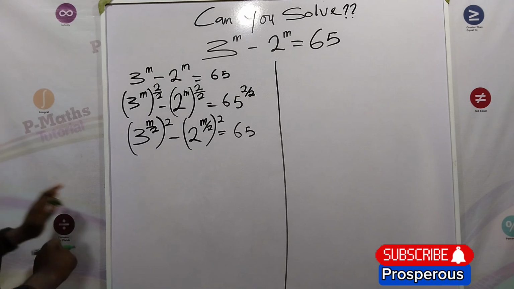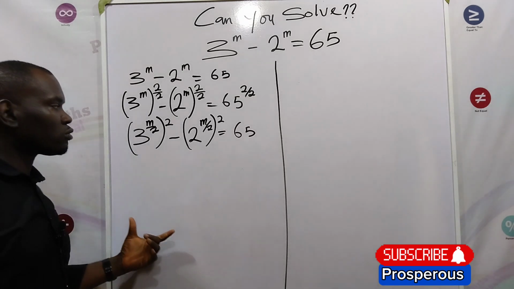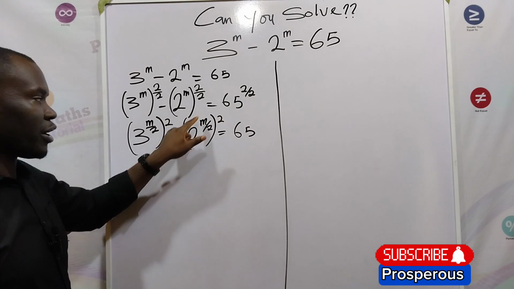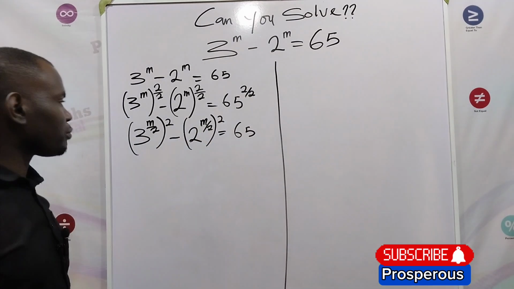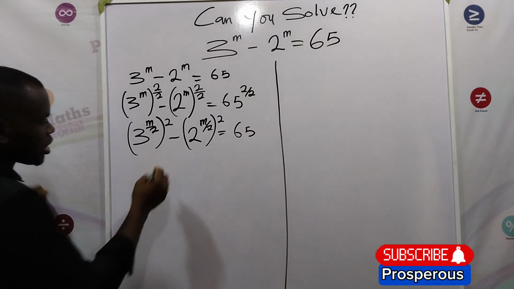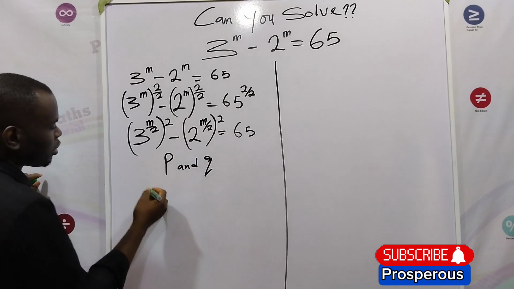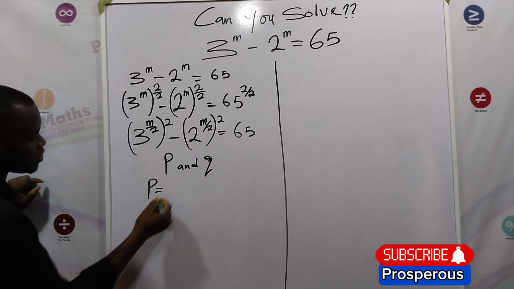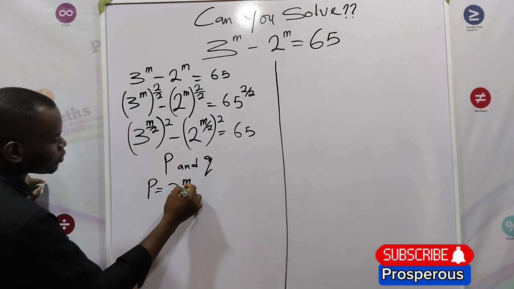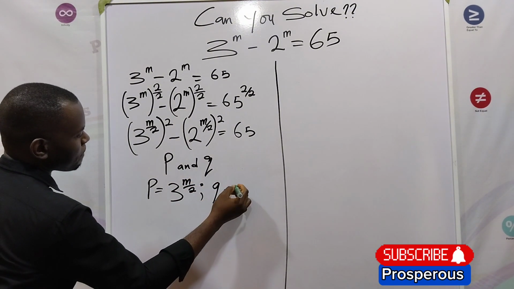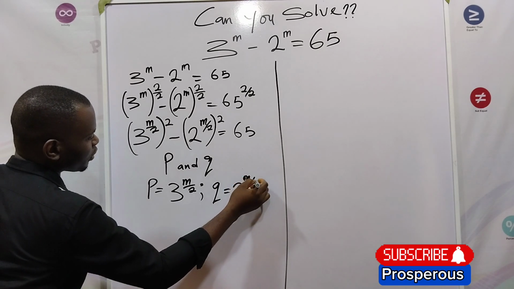Then over here, we can import a variable to represent 3 power m over 2 and then 2 power m over 2. Let's just borrow any variable of our choice. I'll be using p and q. So I would say p will represent 3 raised to the power m over 2, whereas q would be 2 raised to the power m over 2.